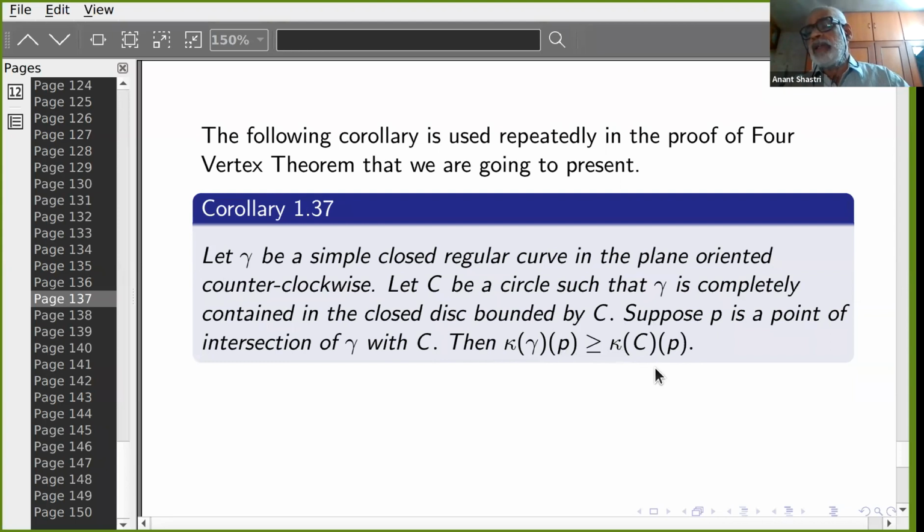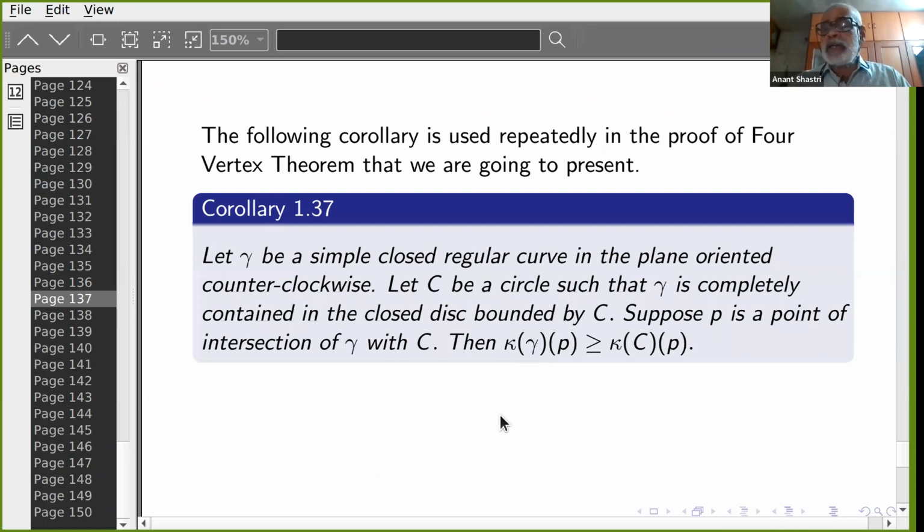This will depend upon the radius of the circle C. So Kc at P is a constant, but K gamma can vary, and that will be always bigger than this one at all the points wherein the circle touches the curve. So this is the corollary.